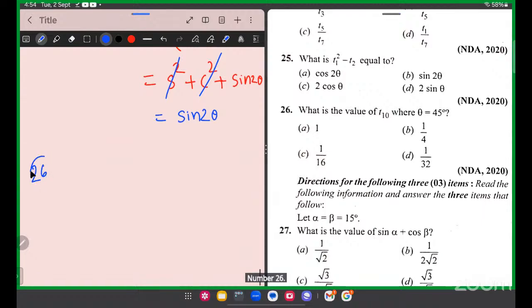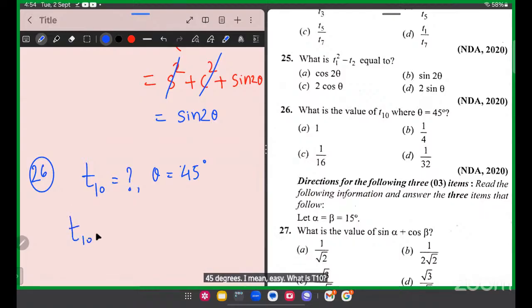Next, number 26. What is the value of T10 when theta is equal to 45 degrees? Very easy. What is T10? T10 is nothing but sine raised to 10 theta plus cos raised to 10 theta, right?